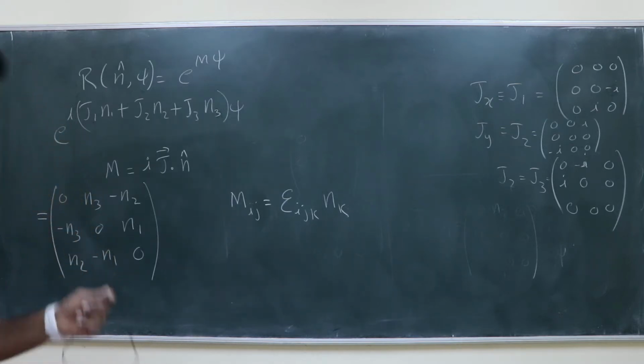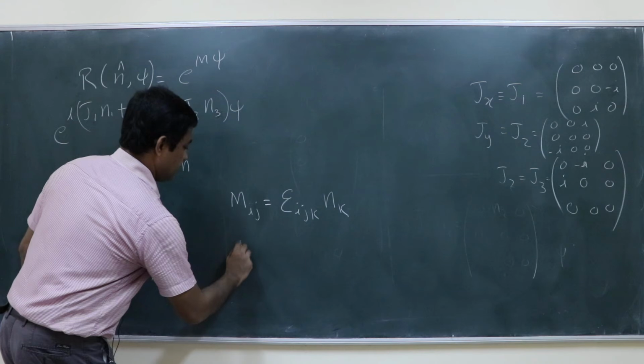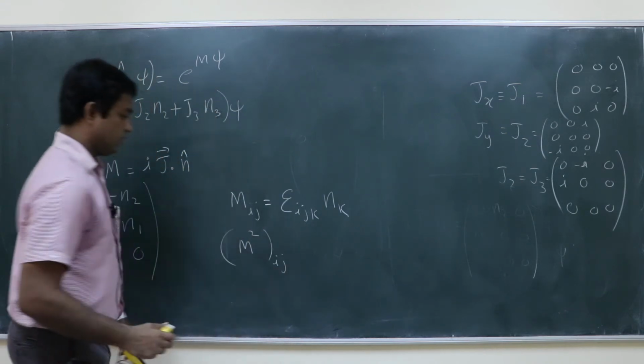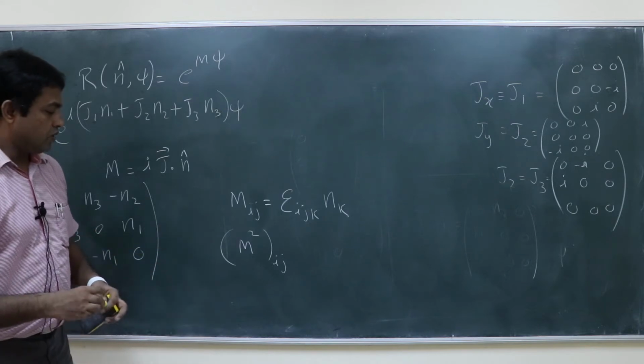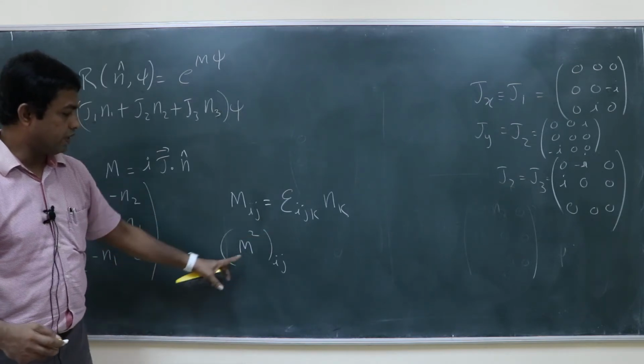Yes, sir. That is correct, right? Okay. So what is m square ij? Let us see whether we can get a very nice expression. If m ij is this one, what is m square ij?